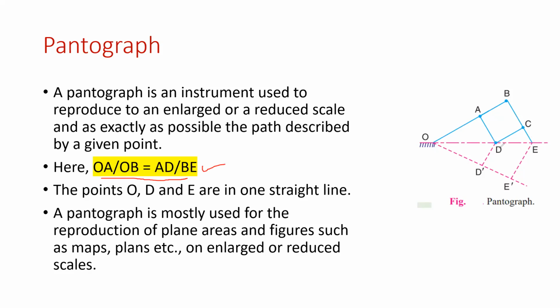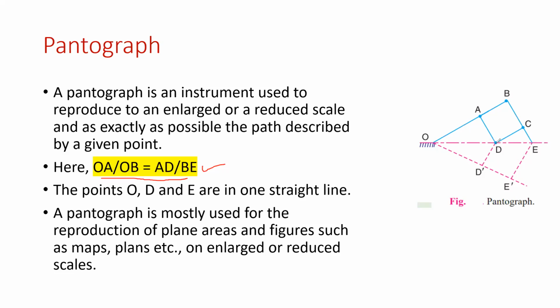Now if you give any motion to point D or point E, in whatever path you move the point D, a straight line or a circle or an ellipse, the same path will be reproduced by the point E, but to an enlarged scale.